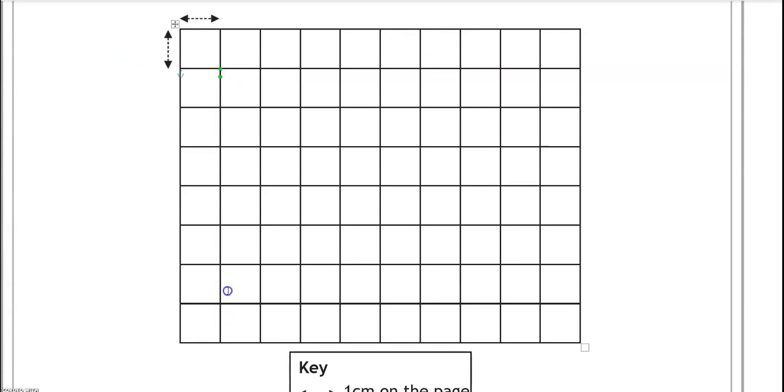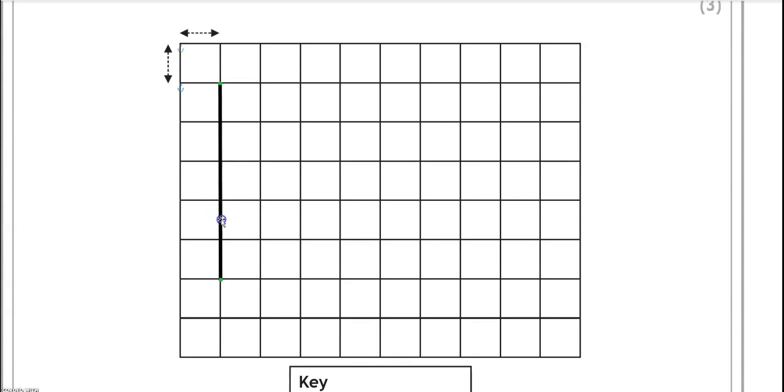So I'm going to go 5 squares down. Now we're going to go 6 squares horizontally.